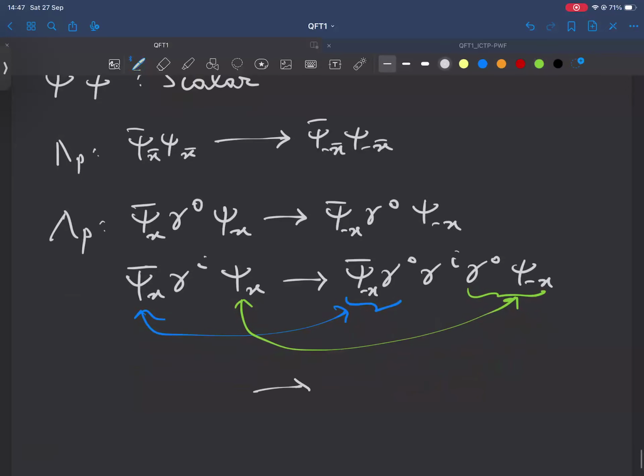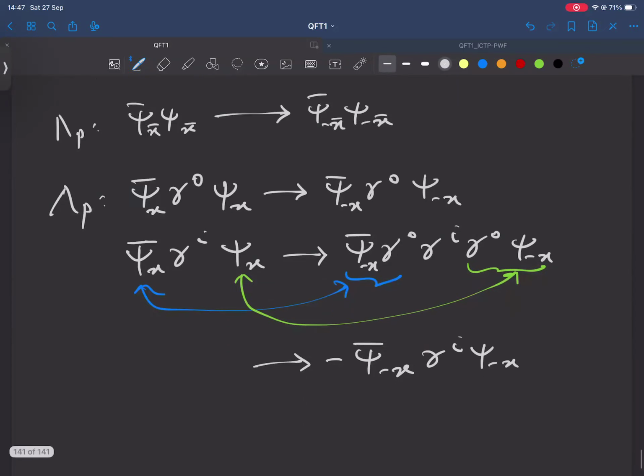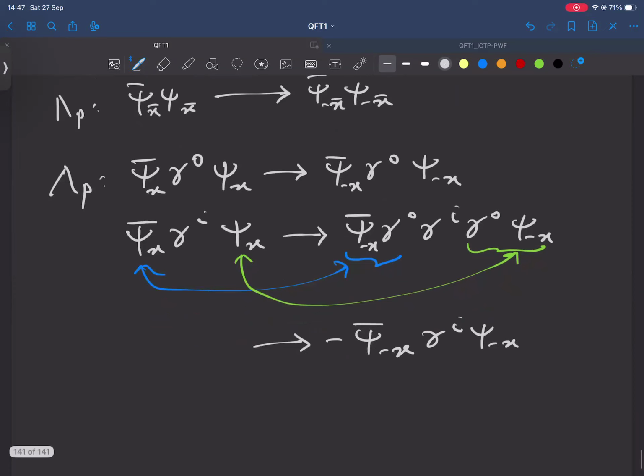So if you now anti-commute gamma 0 and gamma I, you will see that you pick up a minus sign: gamma I psi of minus x. This is exactly how parity transforms. Remember, parity for coordinate vectors was t and minus x.